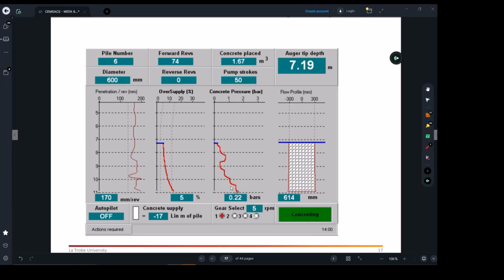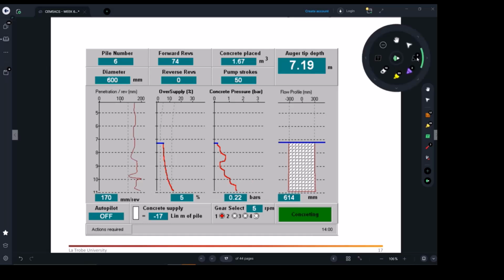You need to make sure there is always positive pressure, so that the end of the pile where the concrete is pumped was always below the level of the concrete. Because if they pull the auger very quickly, then you're going to start spraying, which is not the right process. If you spray concrete, it's going to be weaker than just pouring it from below the level.